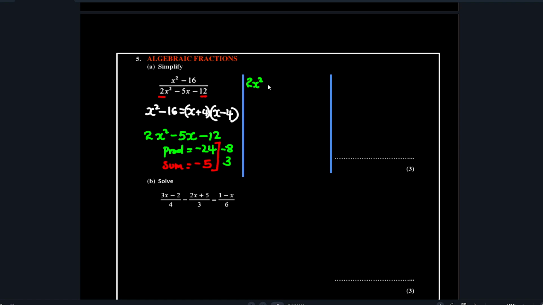So we are going to rewrite the expression that we were given at the denominator in terms of the two numbers that we have. This is going to be 2x squared minus 8x plus 3x. You see, if you add -8x plus 3x, you get -5x. Then we write also -12 here.